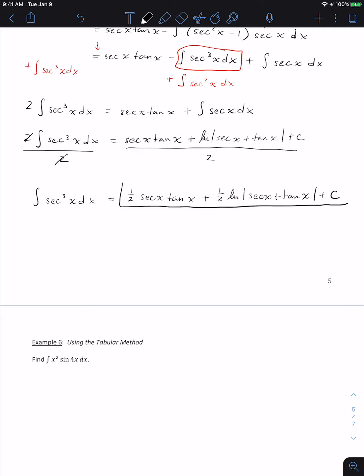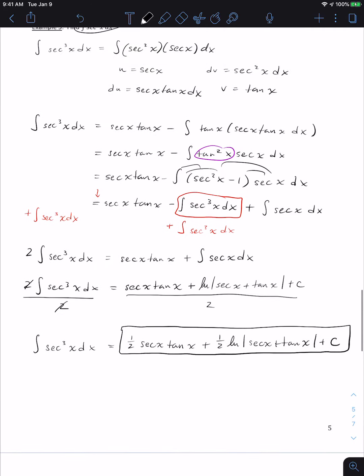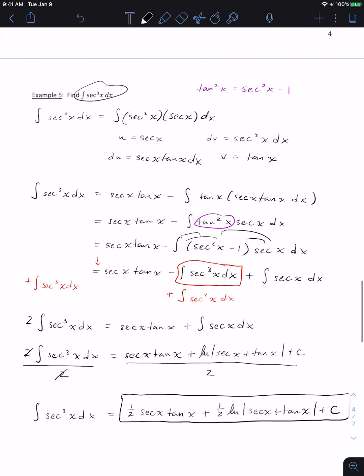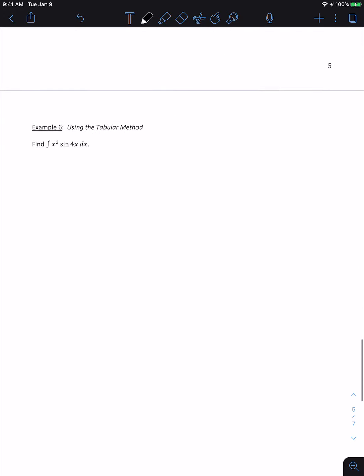So in some of these problems, if you end up doing integration by parts and get an integral that's the exact same as your starting integral, then you may have to bring it to the other side and keep solving. That's perfectly fine, and that'll actually happen quite a bit with some of these.